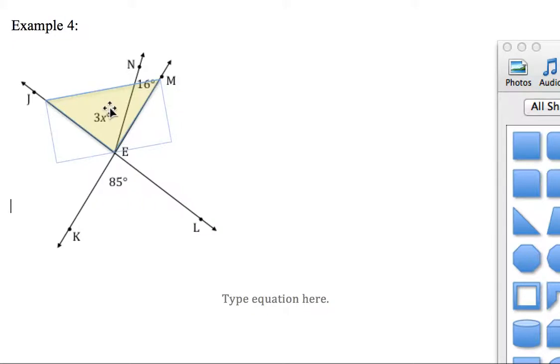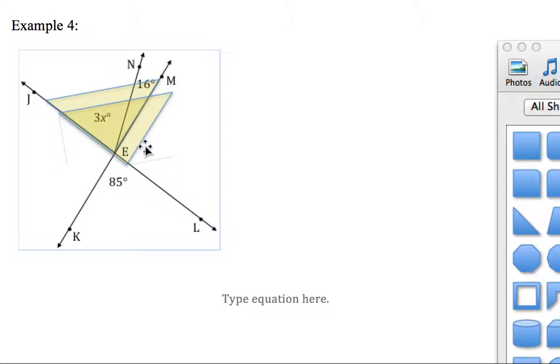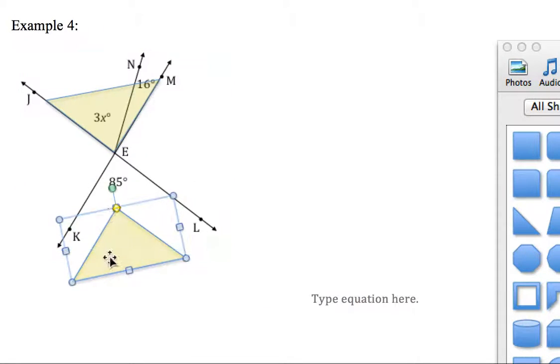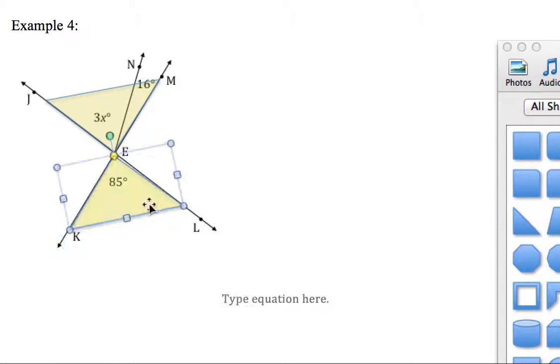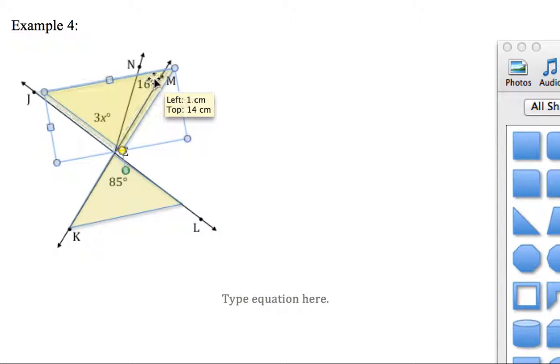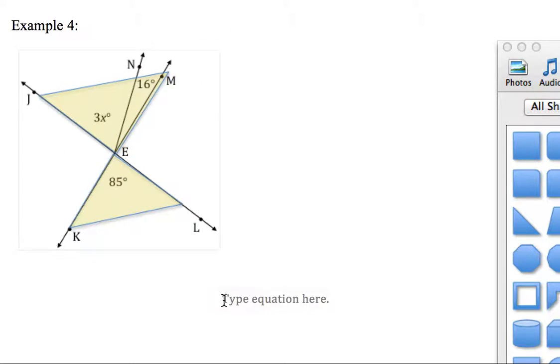There we go. So this whole slice and this whole slice are vertical angles. They're across from each other, so they have to be equal. And so I can turn that into an algebra problem. And it'll look like this.